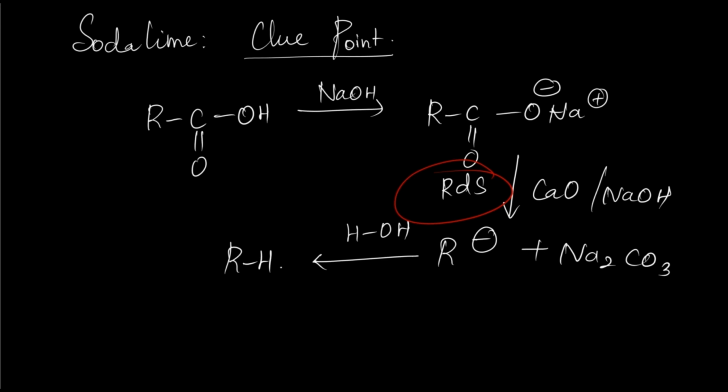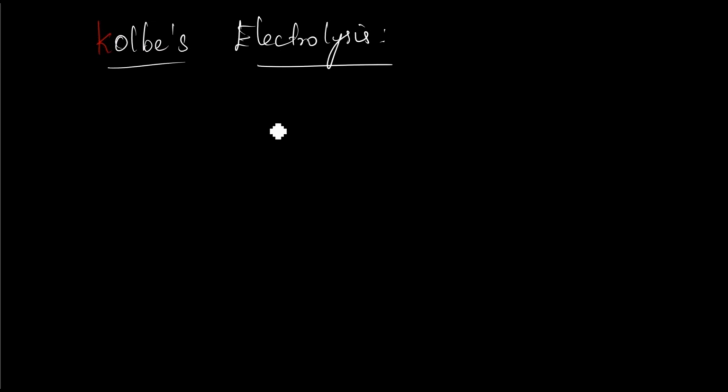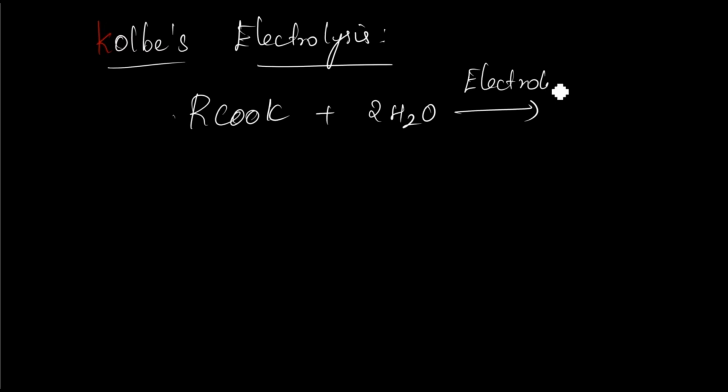The next reaction is super important, that is Kolbe's electrolysis. Here you can expect a question on which is the anode and which is the cathode as well. It is RCOOK with 2H2O that I'm taking. It undergoes electrolysis to produce R-R with CO2 and H2, and along with that KOH will be formed.